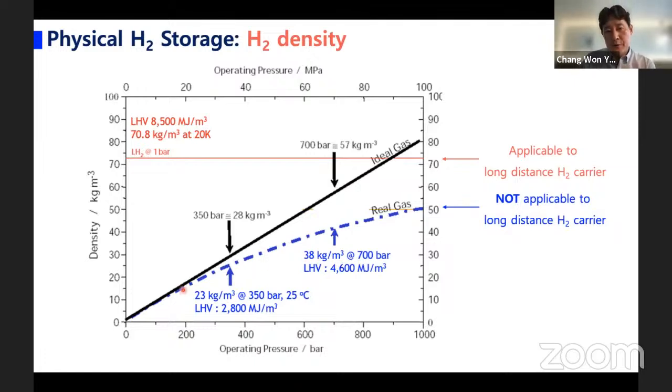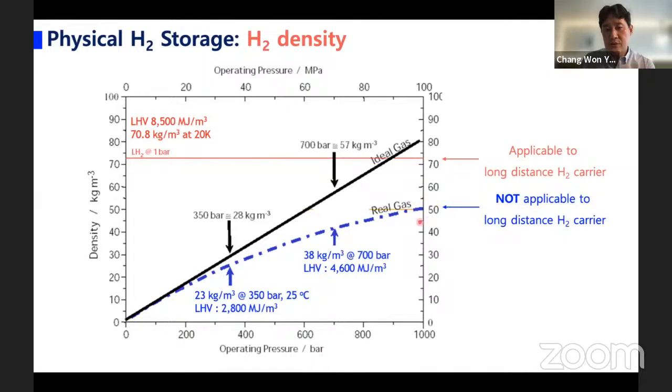So if we follow this line, the theoretical hydrogen storage density is not very high, right? Even if we apply 1,000 bar of pressure, we only store 50 kilograms per cubic meter.